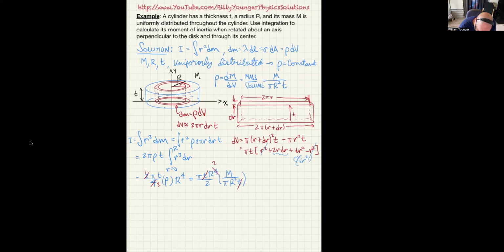The r to the fourth cancels out all of the r squared, leaving an exponent of 2 in the numerator, and the pi is canceled out by the pi. So I'm finally left with exactly the same formula I got for the disk, and that is the moment of inertia for a cylinder about its center of mass is equal to 1/2 mr squared.